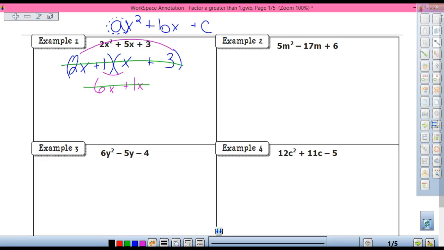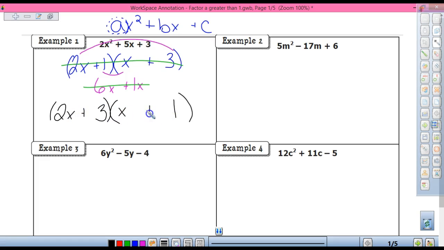Okay, so we've got to retry. We know that it's going to be 2x and x, right? Those are my only possibilities multiplied to get 2x squared. What did we say for 3? We said 3 and 1. It didn't work for us to go 1 and 3, so what do you suppose we should do? Go 3 and 1, yeah.